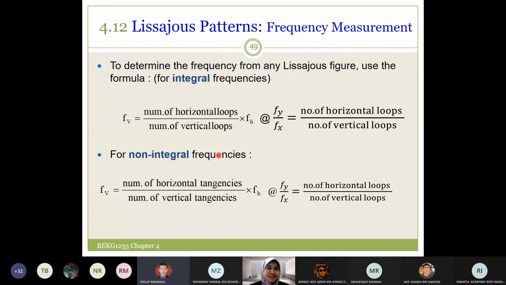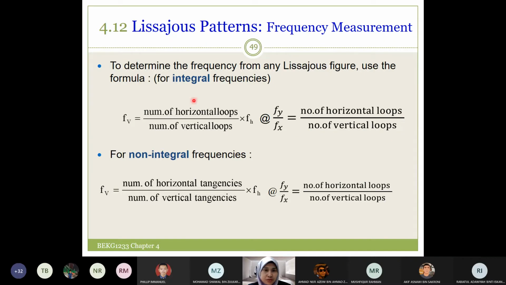Okay, it's okay. To determine the frequency from any Lissajous figure, we use the formula. Vertical frequency is equal to the number of horizontal loops divided by the number of vertical loops multiplied by the horizontal frequency, or Fv over Fh is equal to the number of horizontal loops over the number of vertical loops.